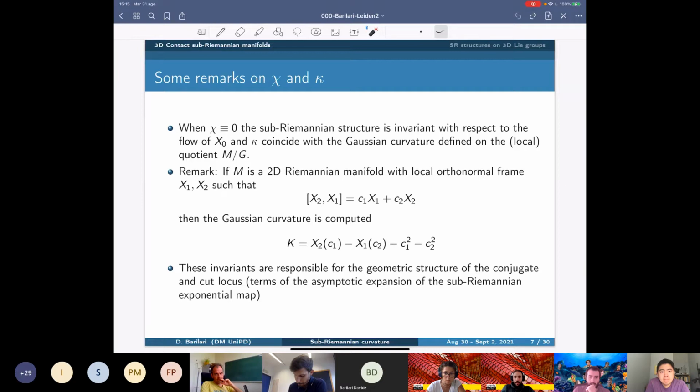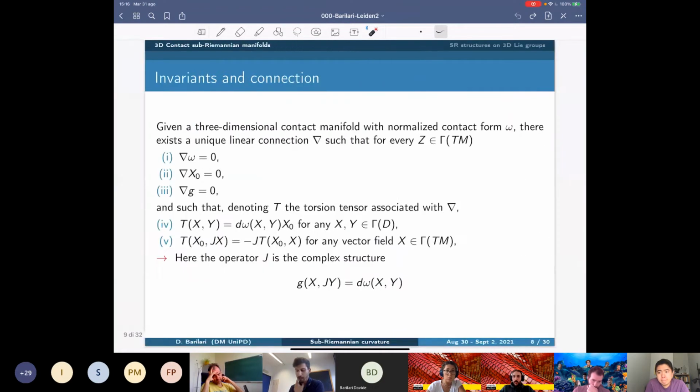Okay, so we will see later how this invariant appears also in several geometric situations, like some asymptotic expansion of the sub-Riemannian exponential map, or volume of small balls, or also its kernel. So I will try to comment on all this in a while.